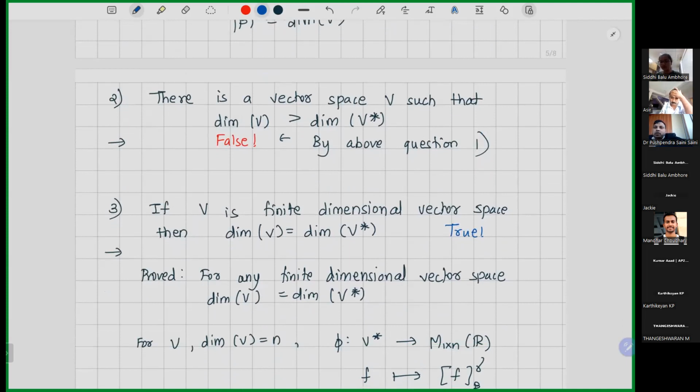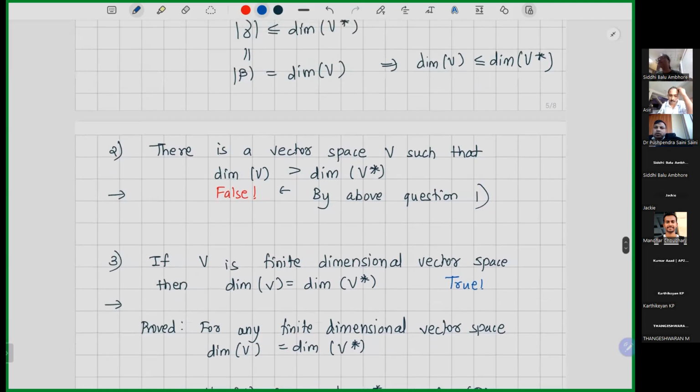Okay, so you are asking under what condition it will be a strict inequality. In the finite dimensional case it is always equal; in the infinite dimensional case there is strict inequality.